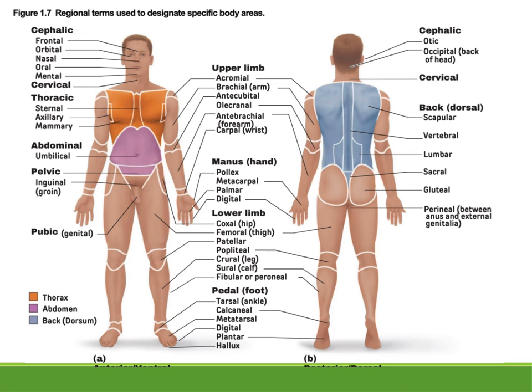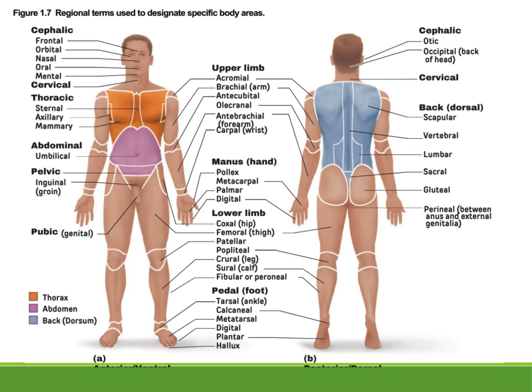Your hand is known as the manus. Your thumb is pollex. The palm bones are metacarpals, but we actually label the back of the hand the metacarpal region, and the palm part of the hand the palmar region. And both your fingers and your toes are digital regions.